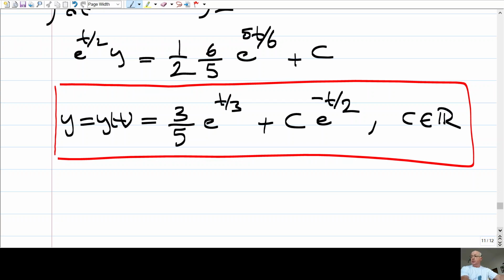Okay, so this is what we did last time. Let me just do one more example from the book. Let me do exercise 16 at page 40. So solve the equation.